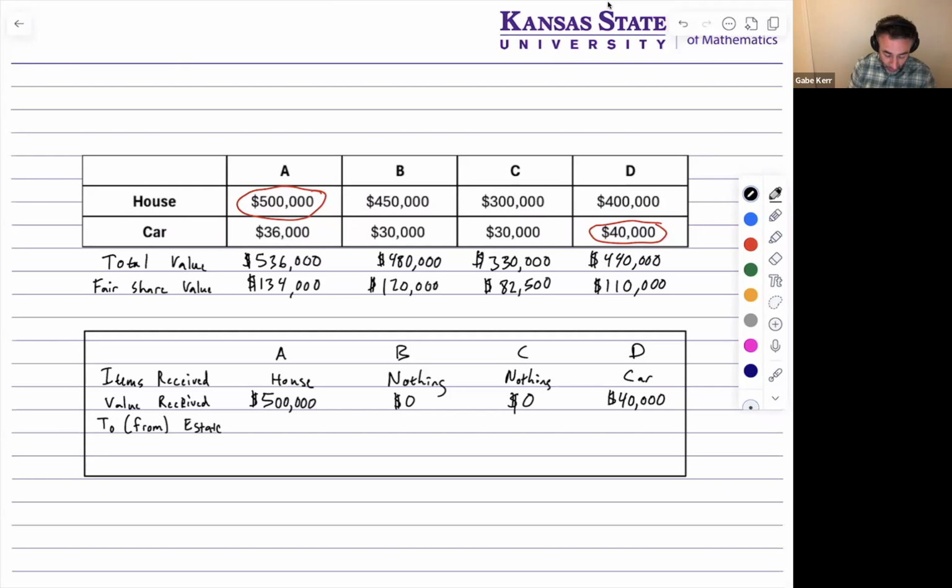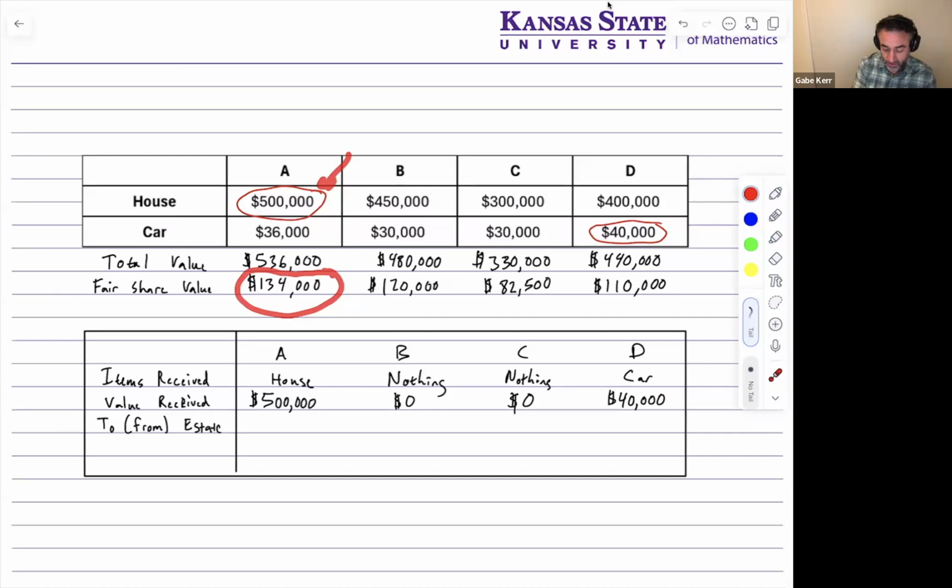Okay. So in other words, at this stage, what we're going to calculate is, since A received the house and the house is valued at $500,000 for A, and the fair share value for A was calculated to be 134,000, A got a lot more than the fair share. And so what we have to do is say, well, A is going to pay the remaining amount of value of the house to the estate.